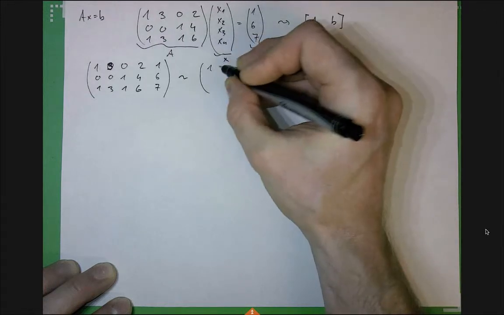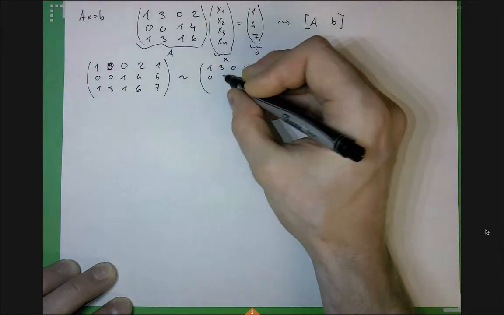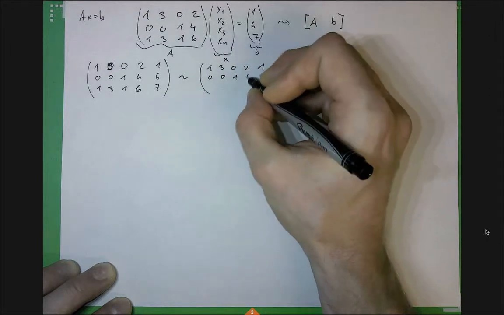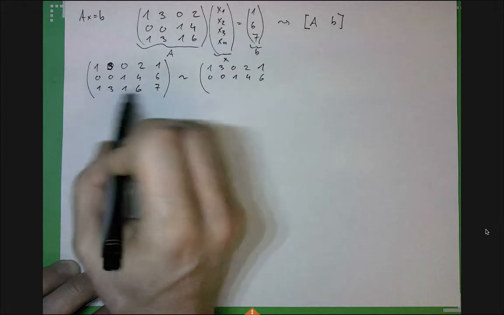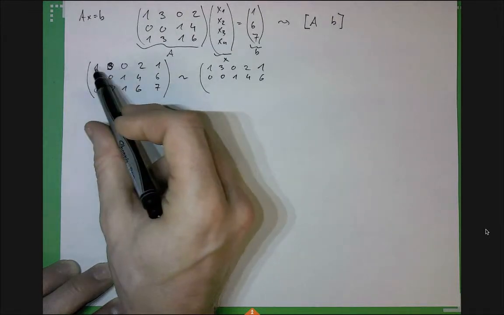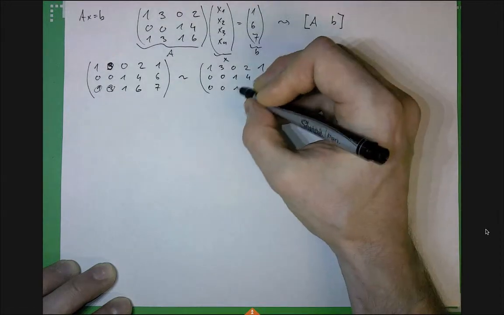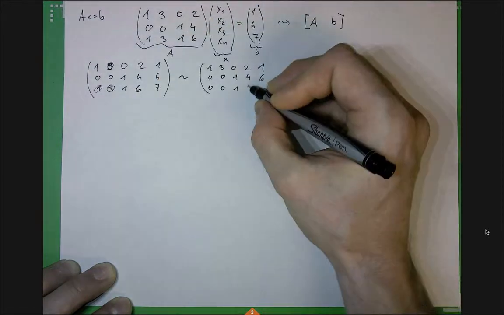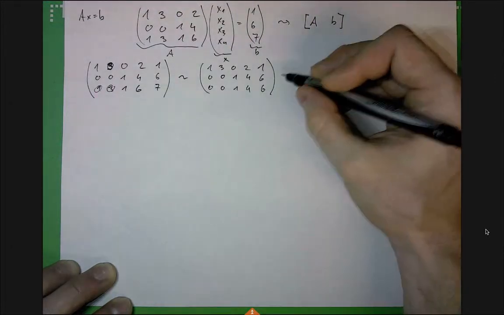So the first row stays unchanged, right? Here the second row is fine because I have 2 zeros given to me to begin with. And I will eliminate the third. I will eliminate these guys here by adding -1 times this row. So this will give me 0, 0, 1, 6 minus 2 is 4, and 7 minus 1 is 6, right?